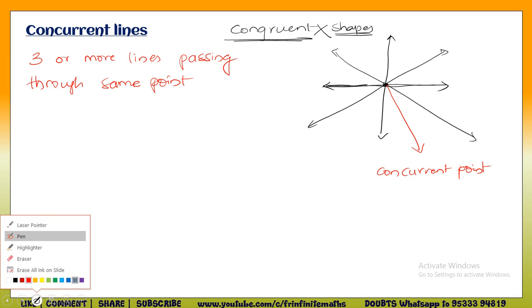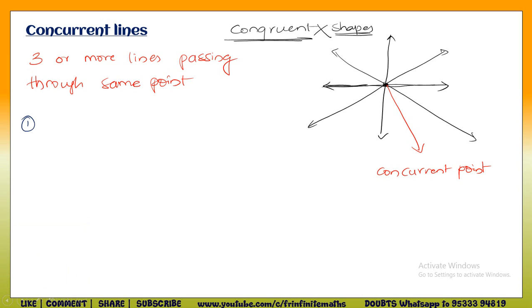The first condition, condition number 1, is the condition to say whether the given lines are concurrent or not. First of all, find the point of intersection of any two lines.